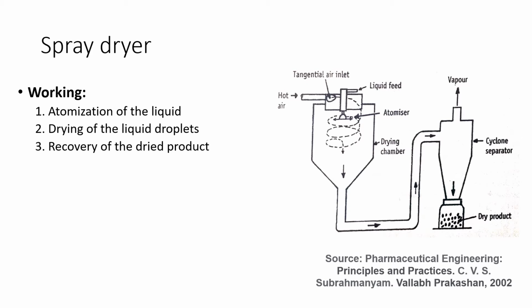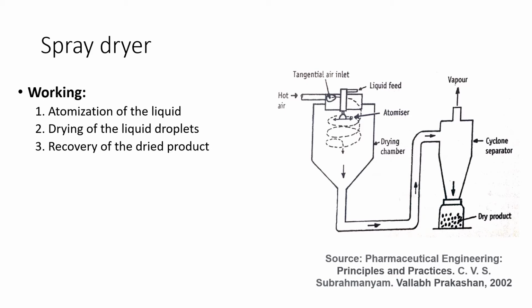We have to adjust the rate of feed so that the droplets should be completely in the dried form once they reach the walls of the drying chamber, and the air should not be too hot. That means the product should not get degraded by overheating.